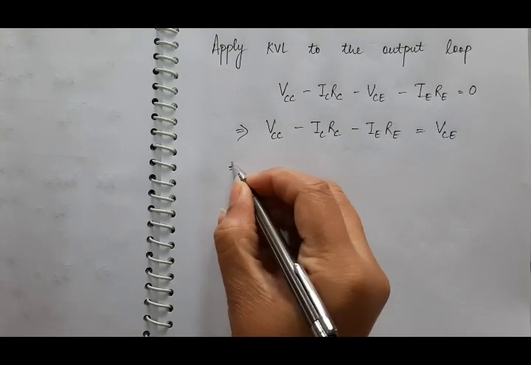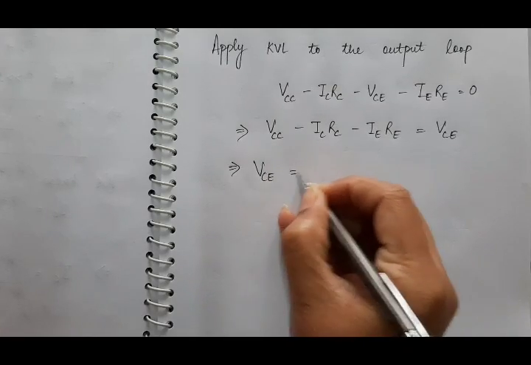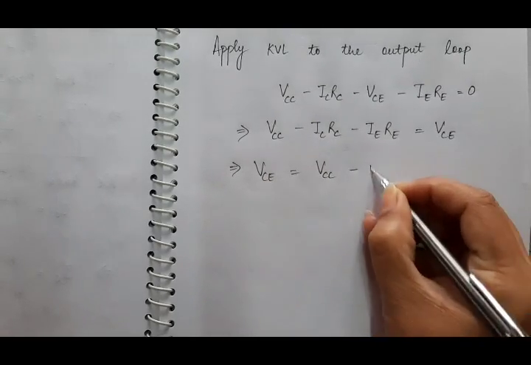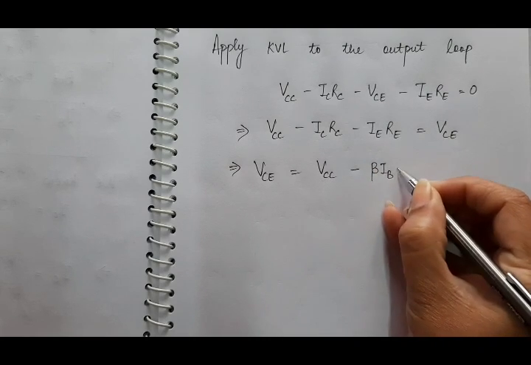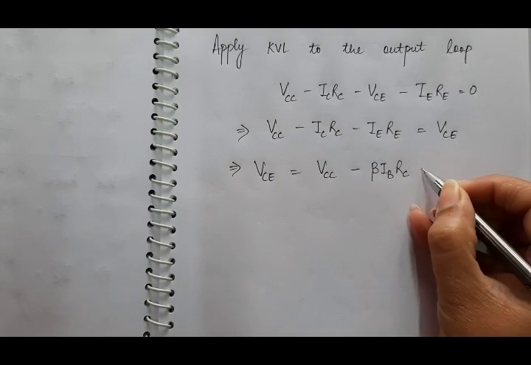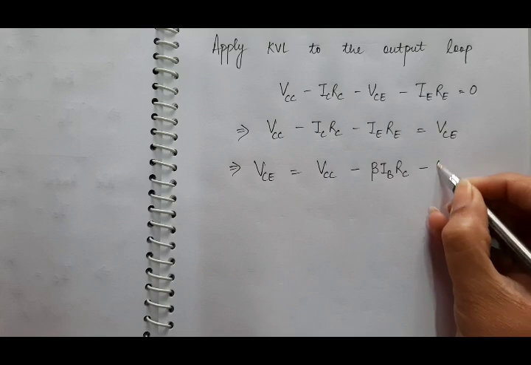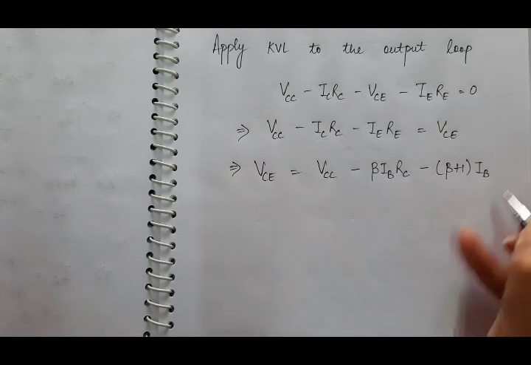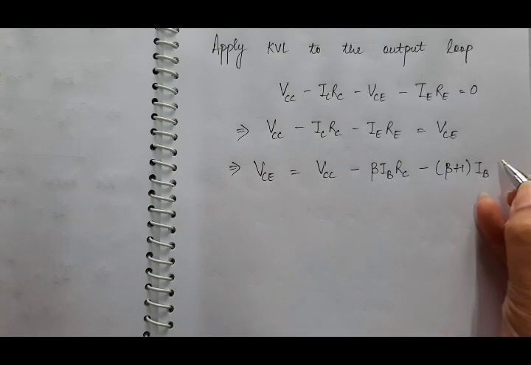So the value of VCE will be VCC minus IC, that is beta IB into RC, minus this IE, we know that it is beta plus 1 IB RE.